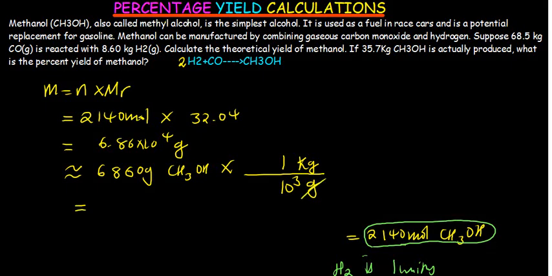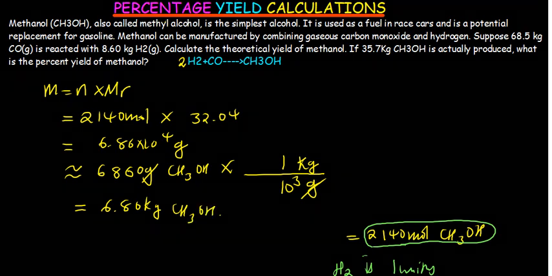The gram and the gram cancel. If we divide by 1000, the decimal point just moves 3 times. So this gives us 68.6 kg. Okay, so that is going to be it.